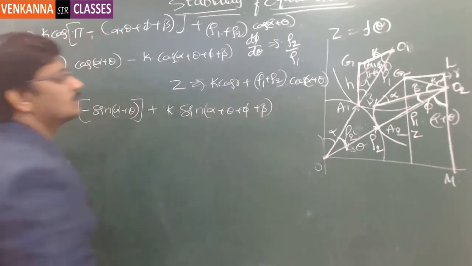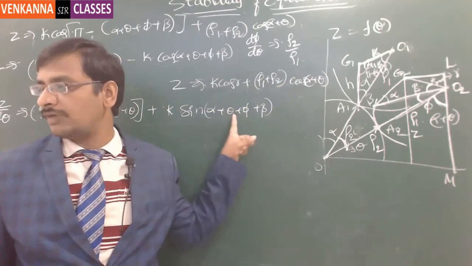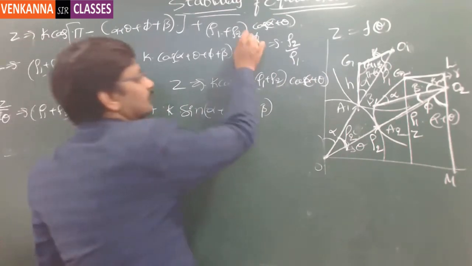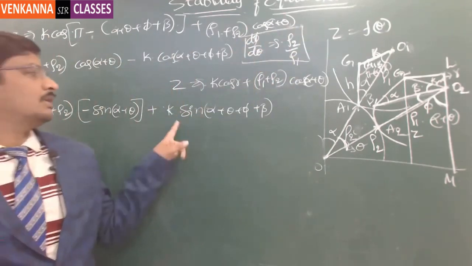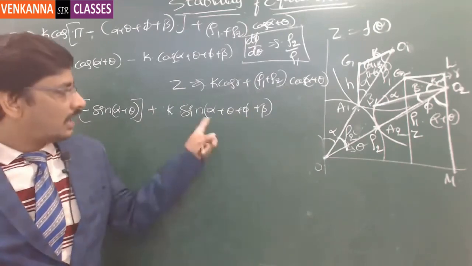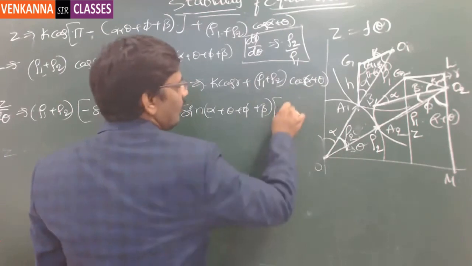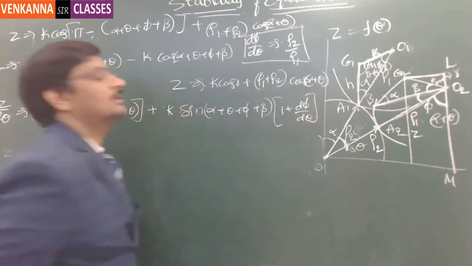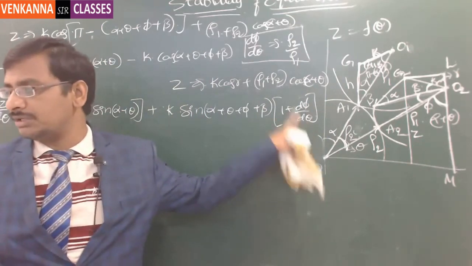But if you notice, alpha and beta are always constant, and theta and phi are related to each other based on this relation. So when you take the derivative of it, k times sin(alpha plus theta plus phi plus beta), and the derivative of the inner part is going to be 1 plus d phi by d theta. This is what is going to come extra, because phi and theta are interrelated depending upon this relation.